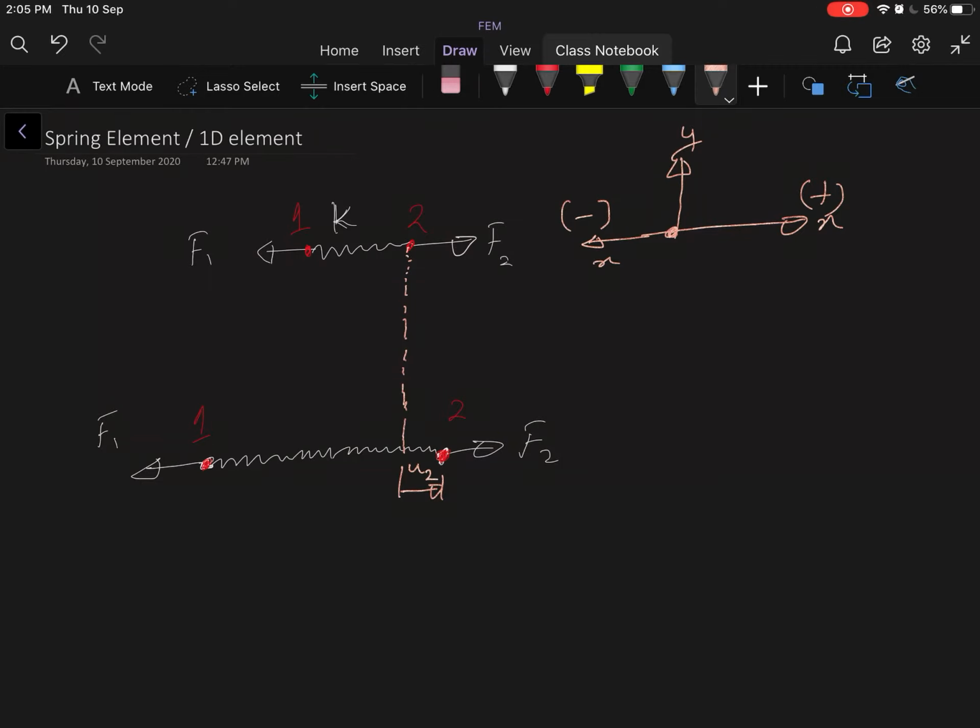Similarly, point 1 has moved in the left hand direction by a value u1.